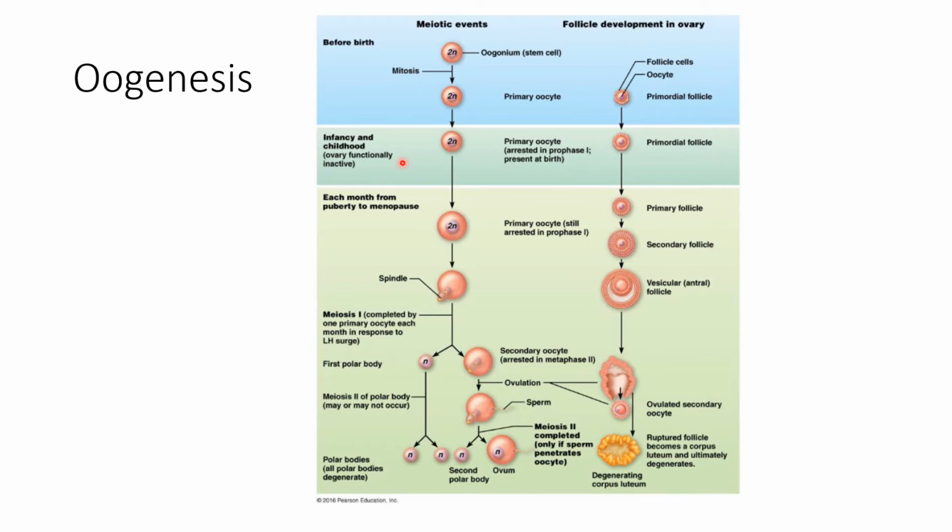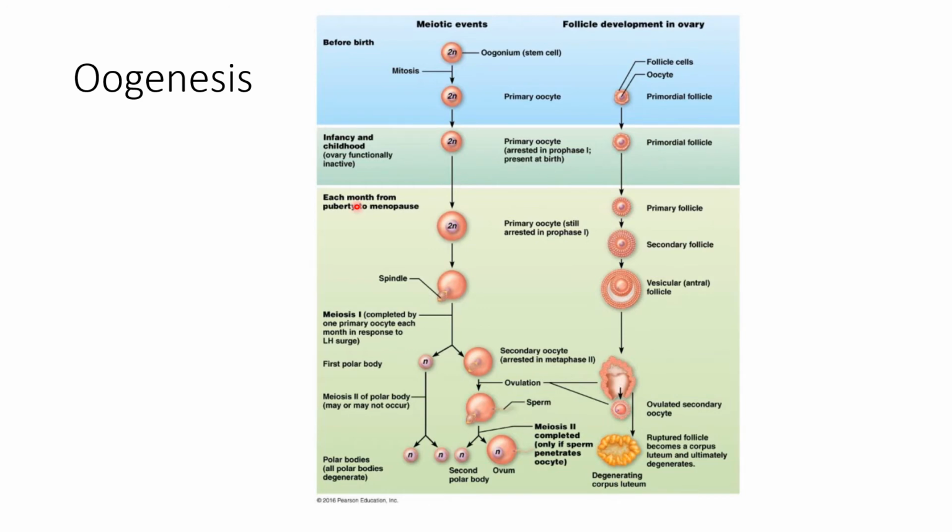So at puberty, a female is going to start producing the gonadotropin hormones, FSH and LH. And the FSH is going to actually start rescuing some primordial follicles from dying each month.